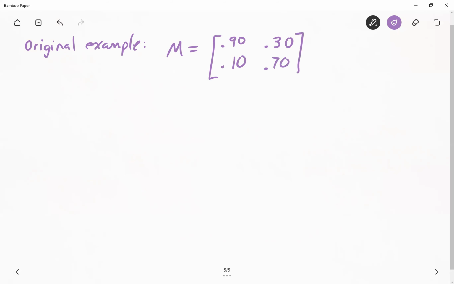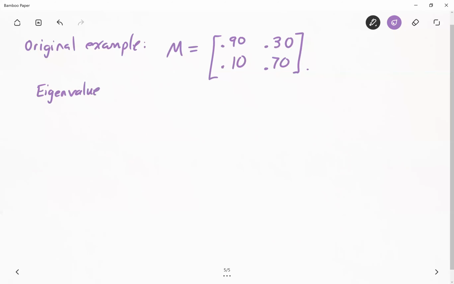So returning to our example from before, right, the original example, the migration matrix M was 0.90, 0.30, 0.10, and 0.70. We're going to go ahead and diagonalize this matrix, which first requires us to find the eigenvalues and eigenvectors.